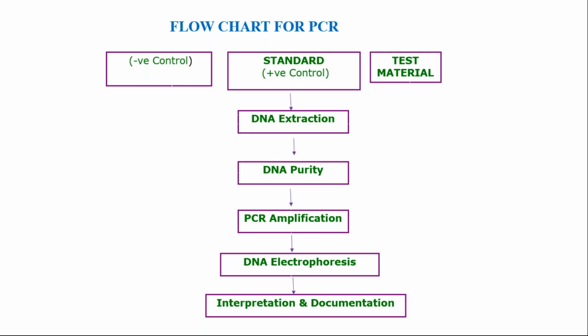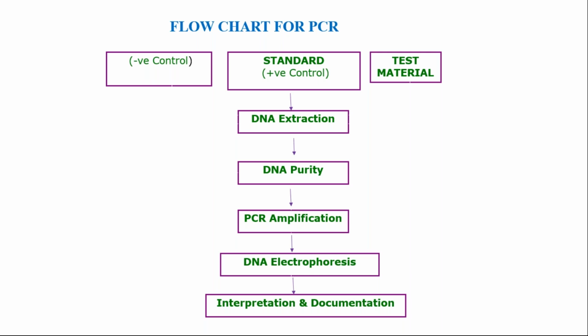Then it is checking the purity of the DNA, checking whether there are inhibitors of the polymerase chain reaction, then doing the PCR amplification in a thermocycler, and then doing either DNA electrophoresis on a gel or using real-time PCR to amplify the DNA into amounts that we can visualize, and then interpretation and documentation.